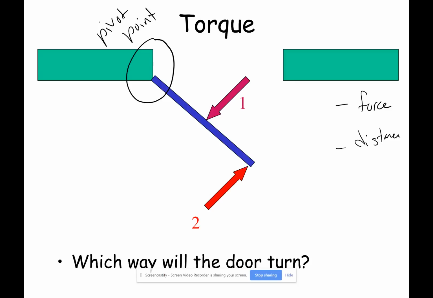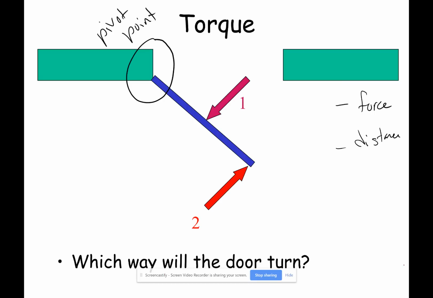Now let's say both of these forces are the same. We have a twin on one side and a twin on the other. Twin 1 is trying to push the door. He's on the inside of the house trying to get out. And twin 2 is trying to be silly, be funny, and keep twin 1 inside the house. Which way would the door rotate according to twin 1?